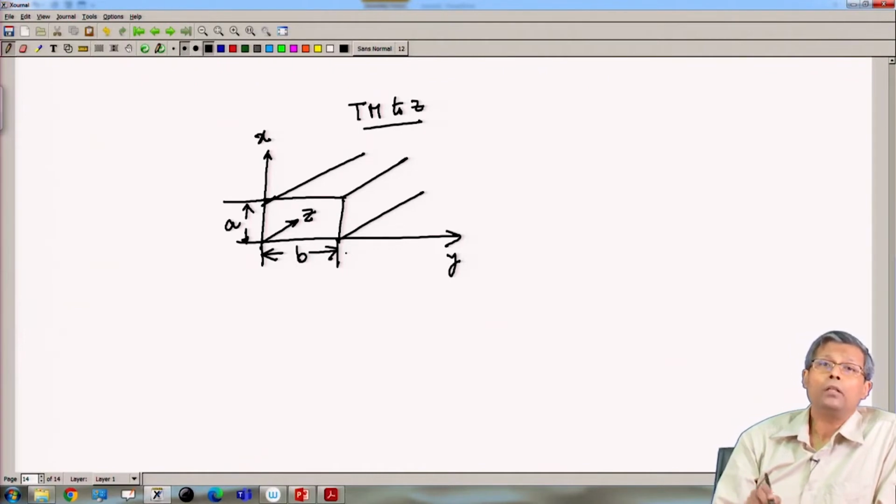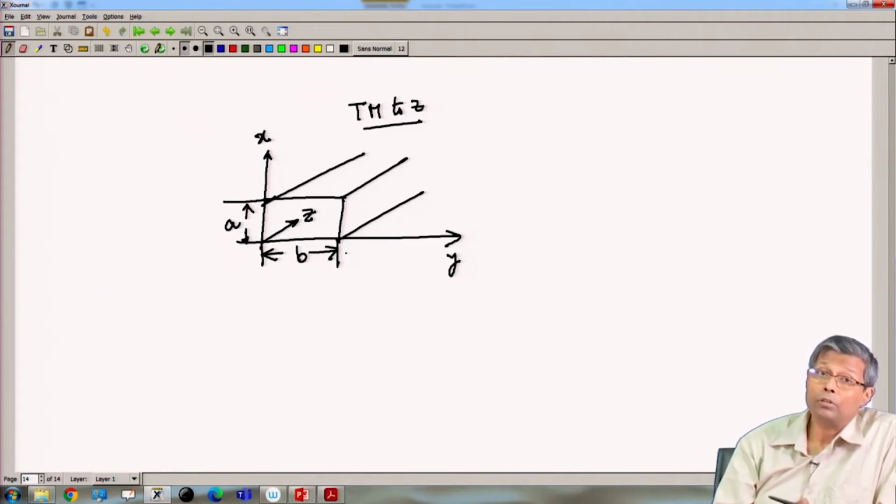If we look at the z component of the electric field for the TM to z mode, the TM to z mode does not have an Hz component, because the magnetic field will only have Hx and Hy. So, the TM to z mode has the Ez component along the z direction only.